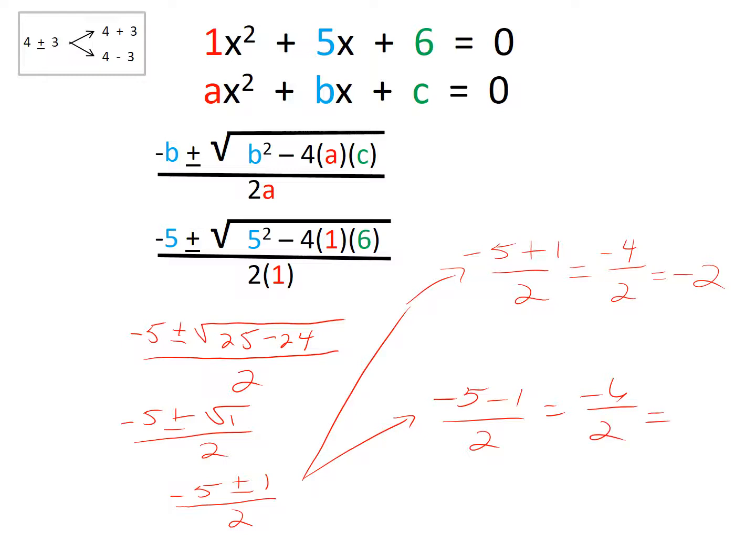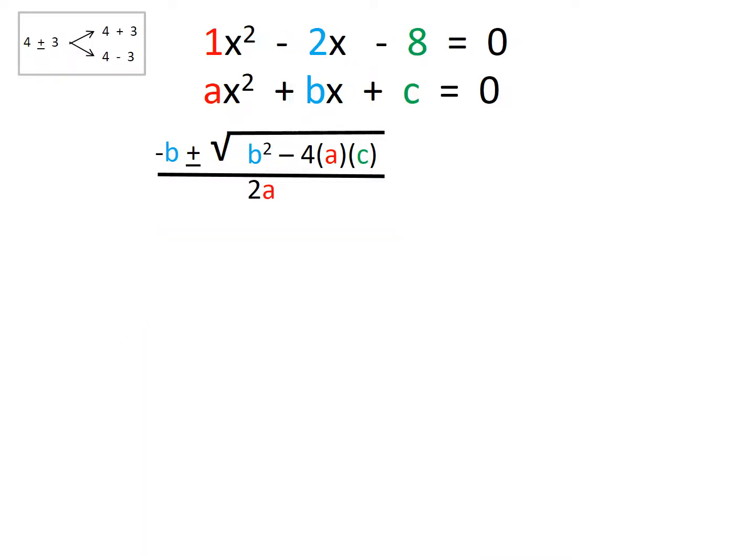Negative 6 divided by 2 is negative 3. So there are two solutions to this, and we usually write the solutions in brackets like this. So negative 2 will make this equation true, as will negative 3. That's our answer. Done. All right, let's try one more.